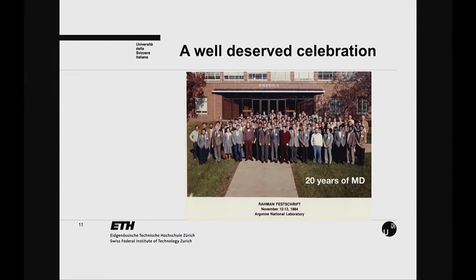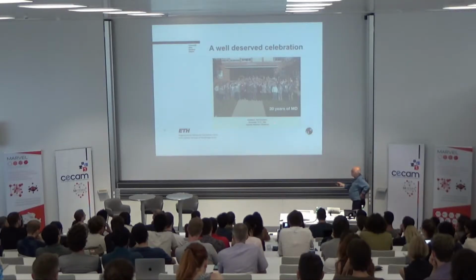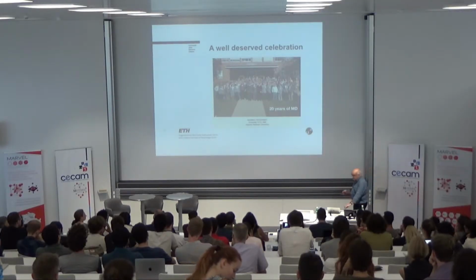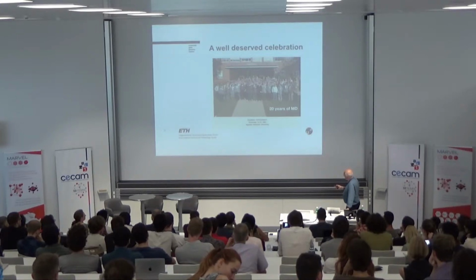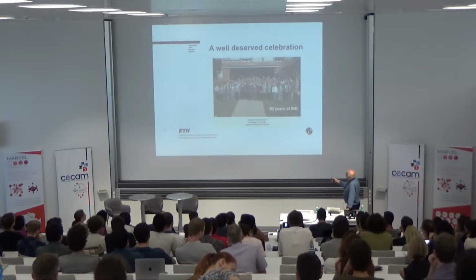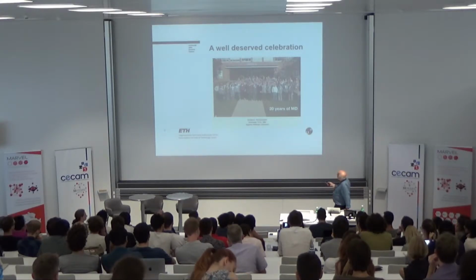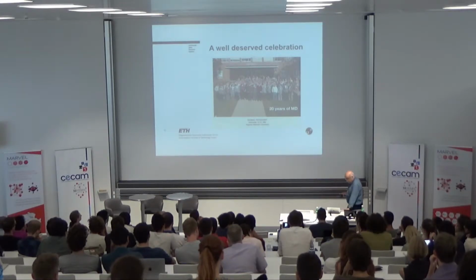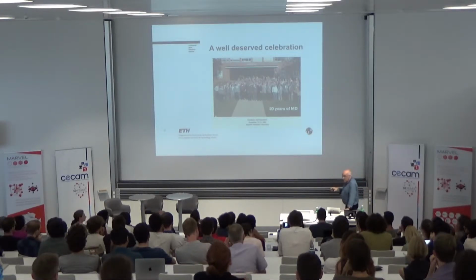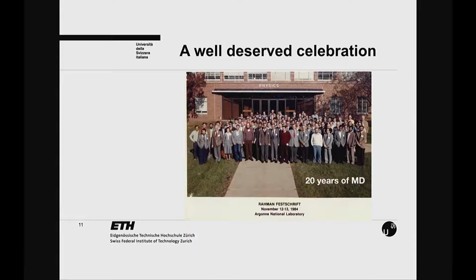In 1984, there was a famous meeting in Argonne, made to celebrate 20 years of the famous paper of Aneesur Rahman, but actually Rahman was already sick at the time, and he had a few more years to live, and that was just the farewell of the community to him.